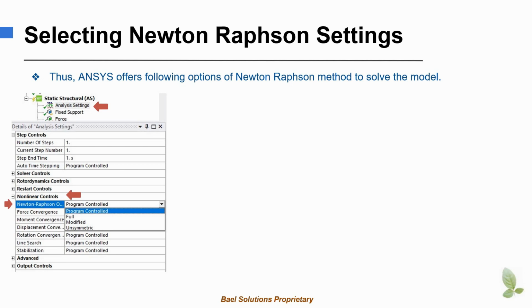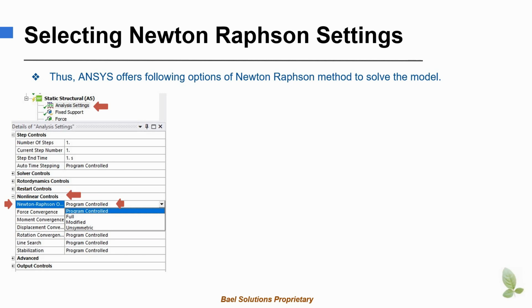By default, it is set to Program Controlled. That means, software chooses the most appropriate Newton Raphson option based on the complexity of the FE model. It can be set to Modified, Full, or Unsymmetric.